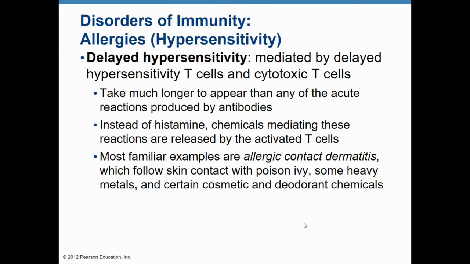The most familiar example of a delayed hypersensitivity is allergic contact dermatitis. So if you are allergic to poison ivy or you're allergic to certain metals in jewelry, after like a day or so of being exposed, you're going to break out in a rash. So it takes a little bit longer.